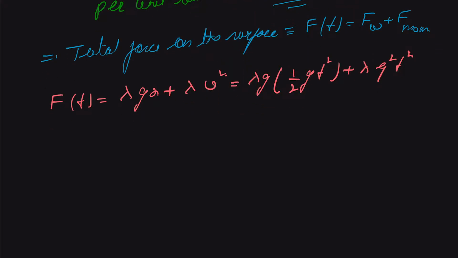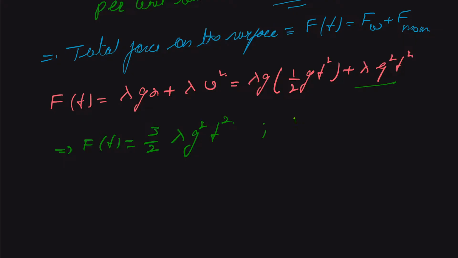And we can solve it further. So this will be giving us 1 by 2 lambda g square t square plus lambda g square t square, which gives us that F of t is equal to 3 by 2 lambda g square t square.